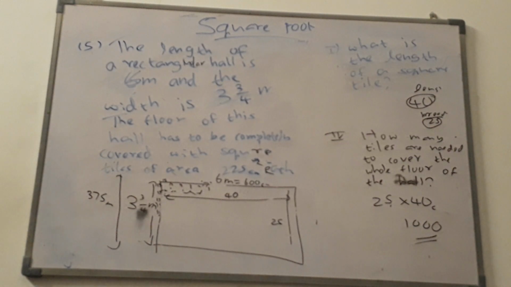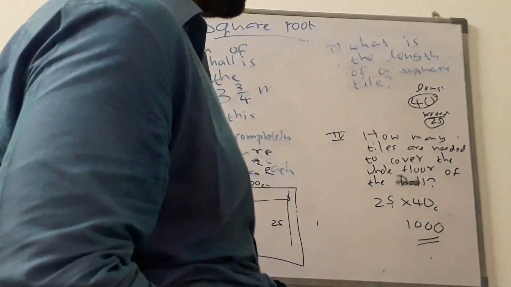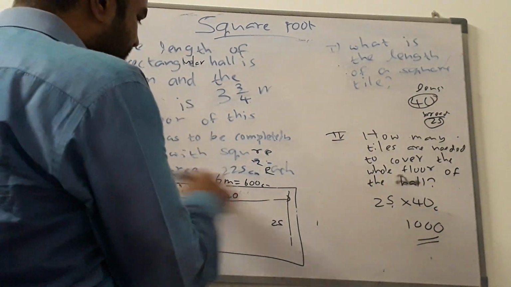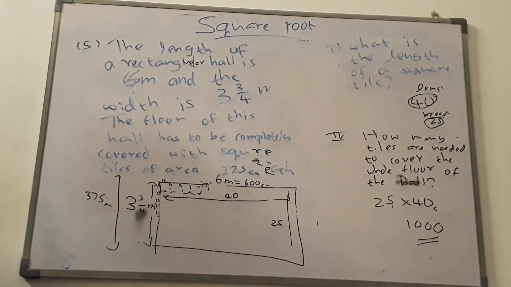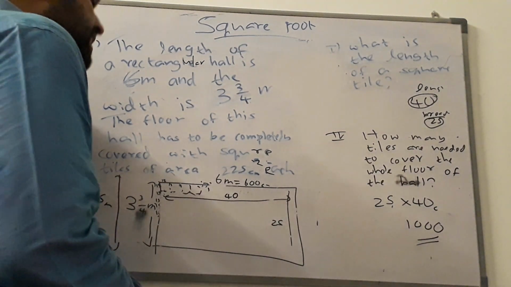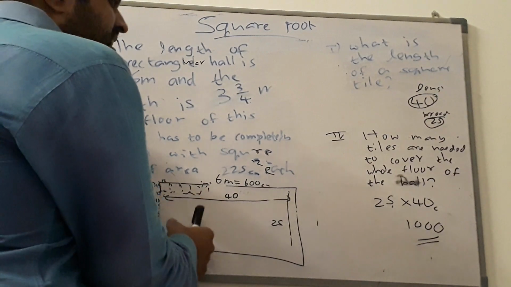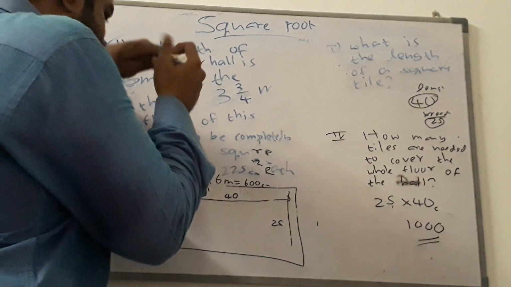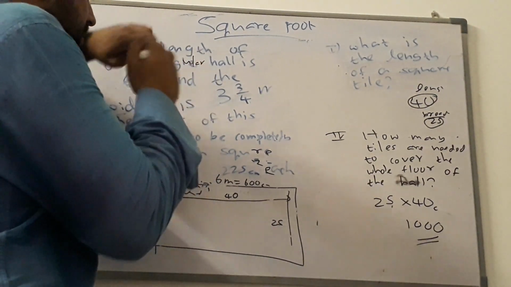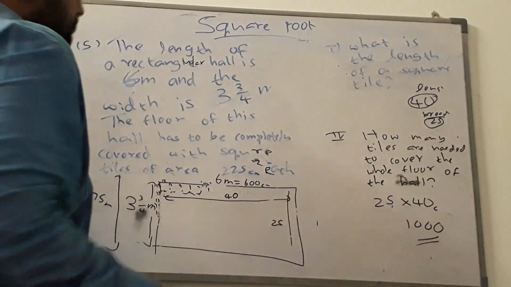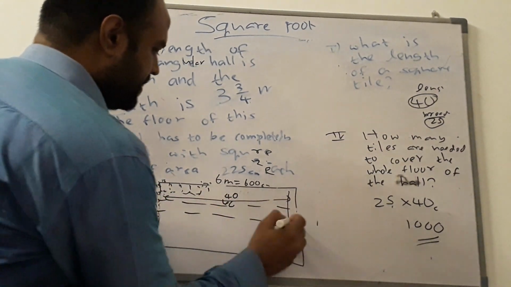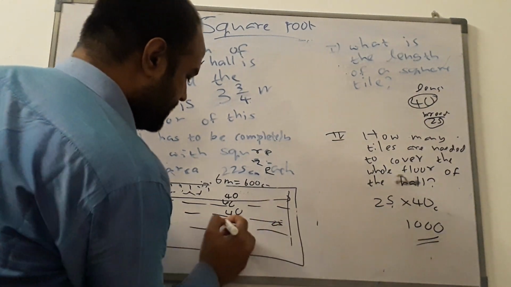Again, the last sum. How many tiles are needed to cover the whole floor of the hall? There are 40 tiles in a row. There are 25 such rows. So to find the total number of tiles, you have to multiply 40 by 25. Each row has 40 tiles: here also 40, here also 40, here also 40.